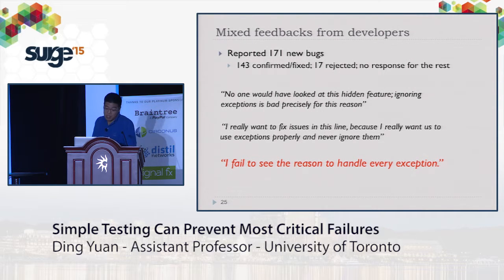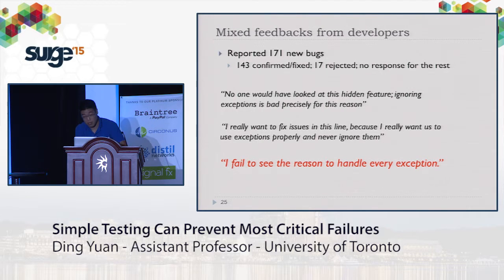Another developer, I believe from CloudStack, said, I really want to fix issues in this line because I really want us to use exceptions properly and never ignore them. But there were also some developers who told us, I fail to see the reason to handle every exception, and they rejected our patch. And we think exactly this kind of attitude is the reason why there are such trivial mistakes in the error handling code.